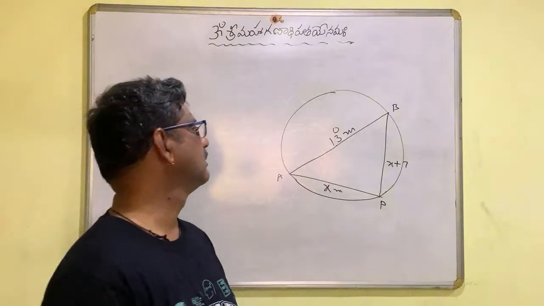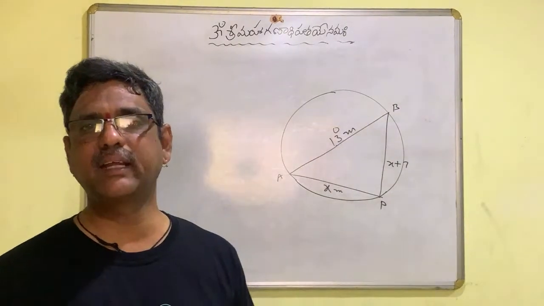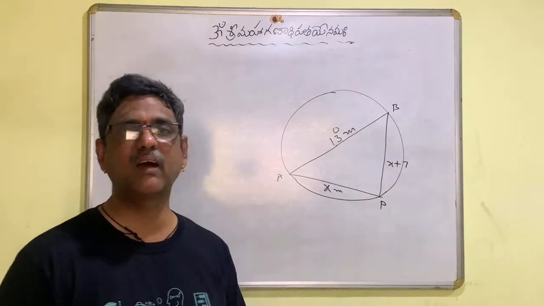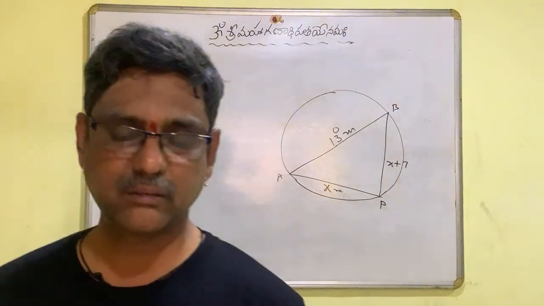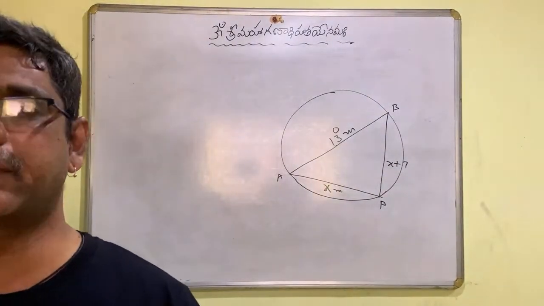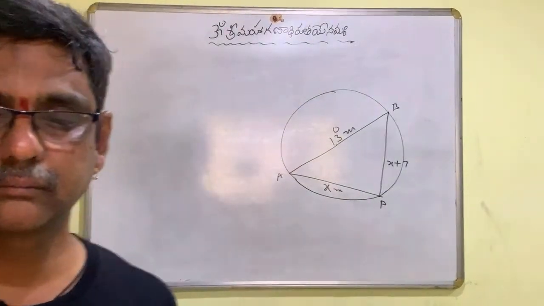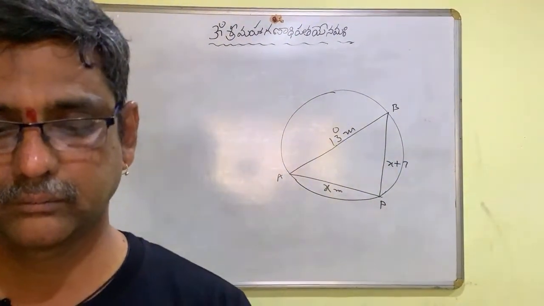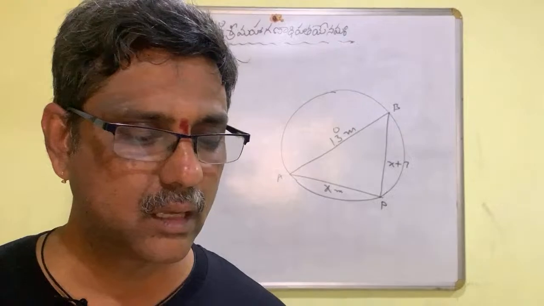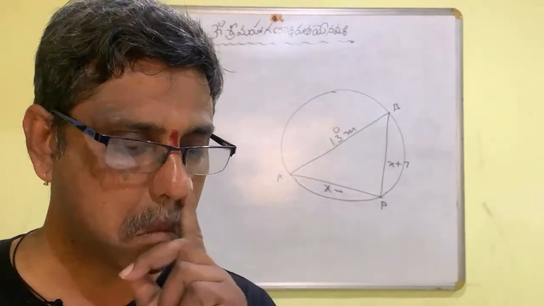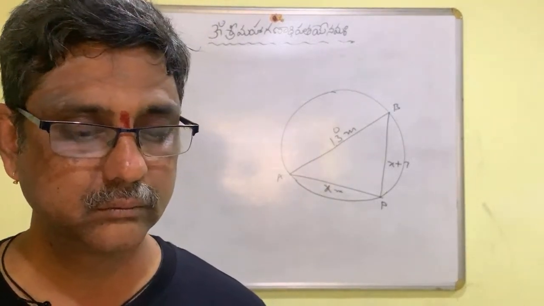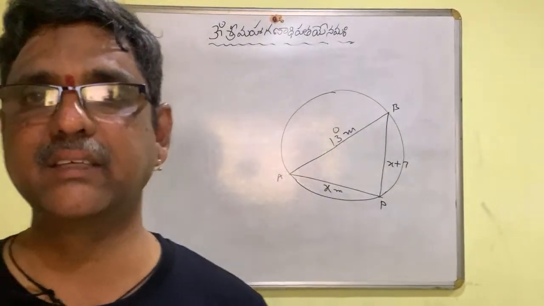Now, since AOB is the diameter, can anyone say what is the angle APB and its reason? Angle APB is 90 degrees. Good.